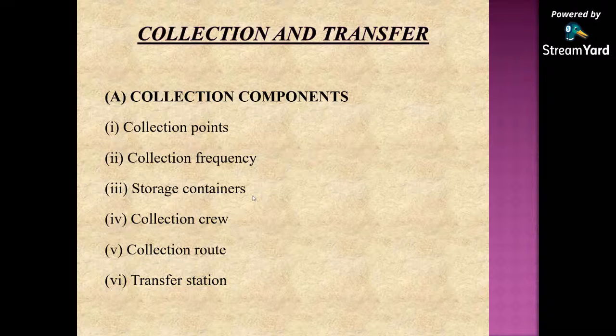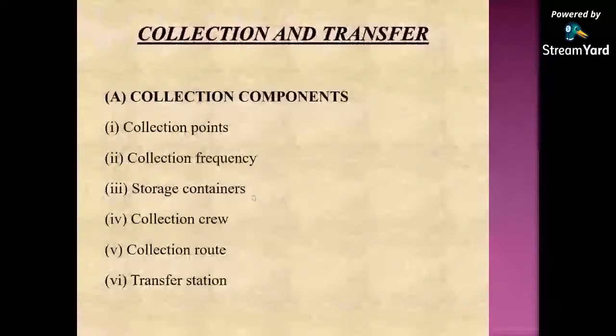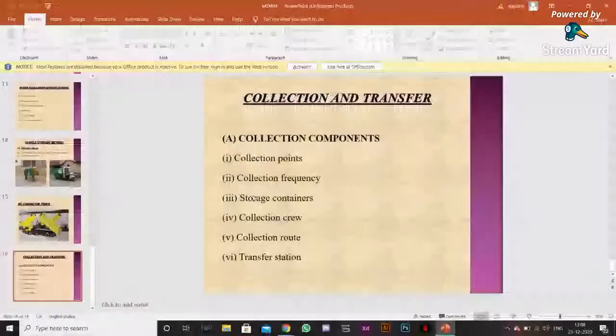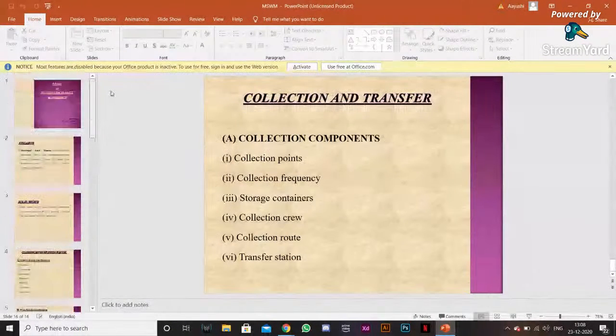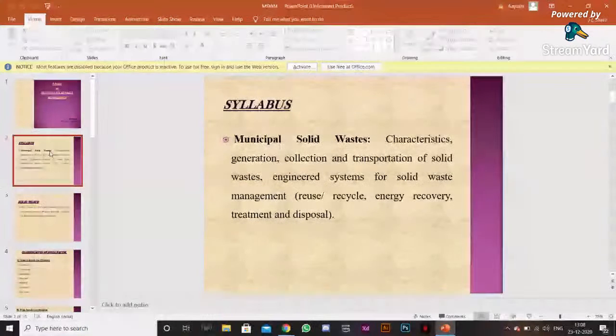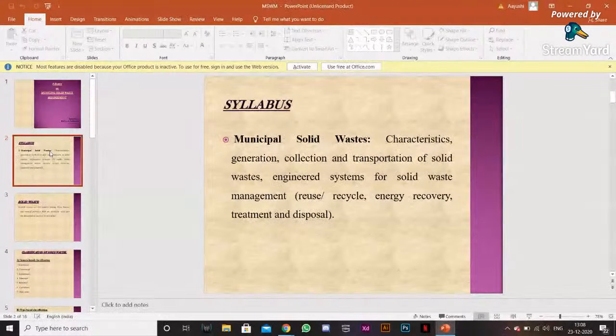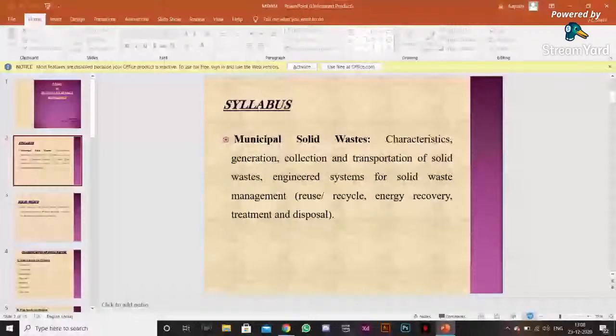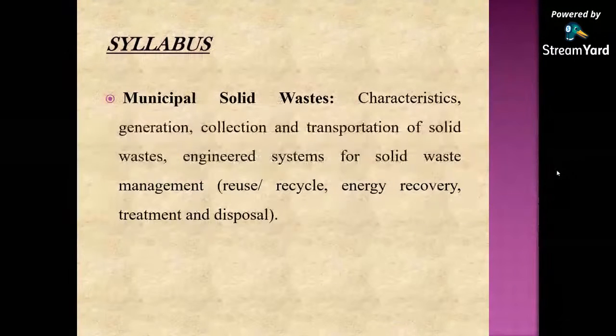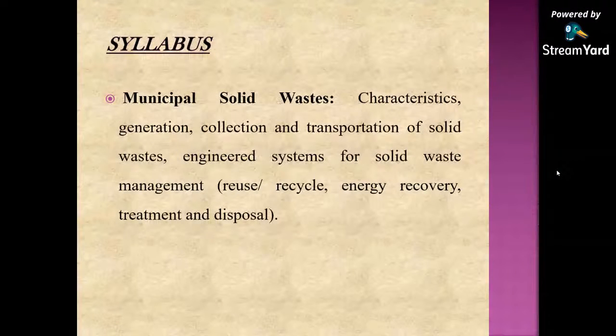So this was all about the solid waste management system, in which we studied the characteristics, that is physical and chemical, then the generation of solid waste, then how we collect the solid waste and what the processes are, then the transportation of solid waste, then the techniques which are used for solid waste management, then their disposal and treatment.